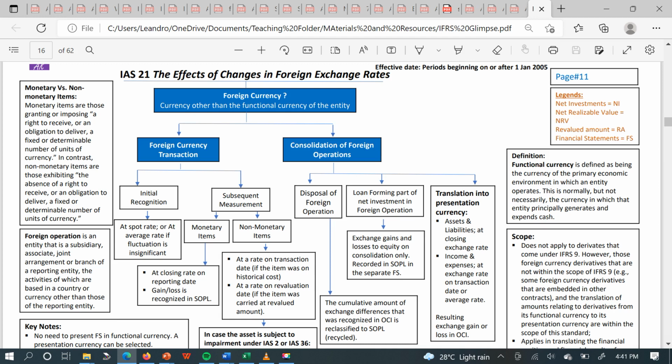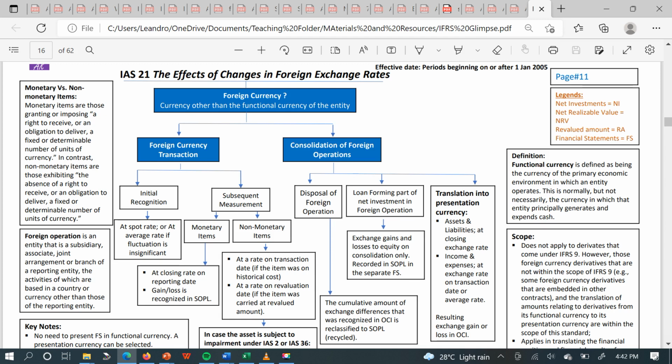So any currency apart from the Ghana cedi is a foreign currency. And therefore, we always have to establish the rate between the functional currency, our Ghana cedi, and any foreign currency like the dollar, the euro, the pounds, the CFA, any other currency. Okay.